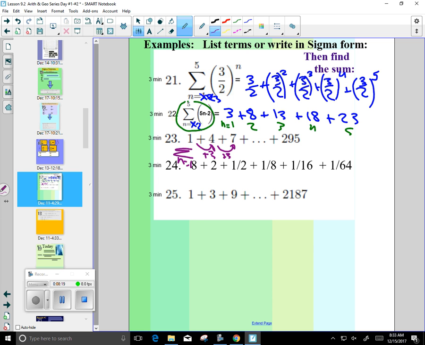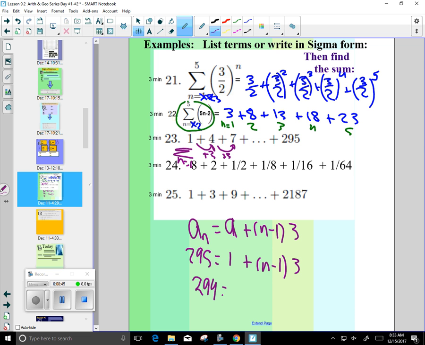Difference, right? So we know that the last term is 295. We know the first term is 1. We don't know what n is, but we know the common difference is adding 3 each time. So 1 plus n minus 1 times 3. So if you subtracted 1, you're going to get 294.